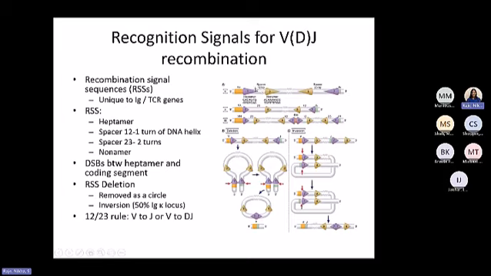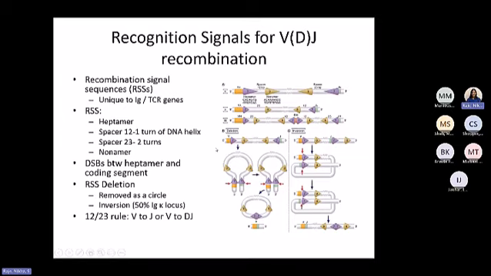There is a 12 base pair spacer or a 23 base pair spacer, as here. Those spacers are between the heptamer and nonamer. Nonamer has 9 bases, so it's called nonamer. Heptamer has 7 bases, so it's called heptamer. And in between those are the spacers. Those spacers can be 23 base pairs long or 12 base pairs long.